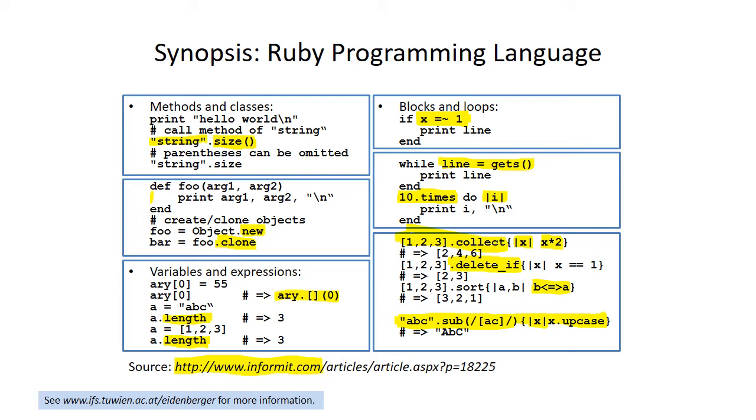A very important concept is to have bound variables that are defined in between two pipes, and there are a number of very, very helpful functions that you can use. If you're interested in more details, I provide a link to an introductory tutorial on Ruby later on in the presentation.